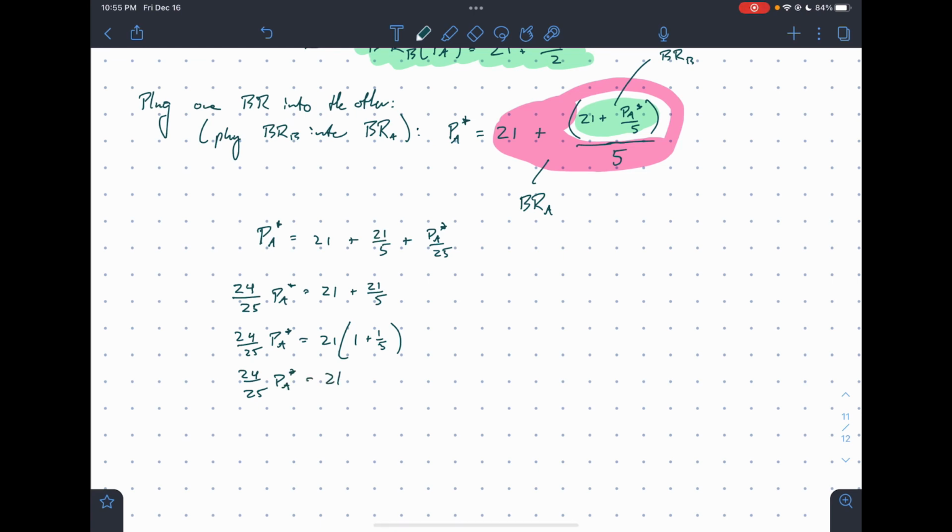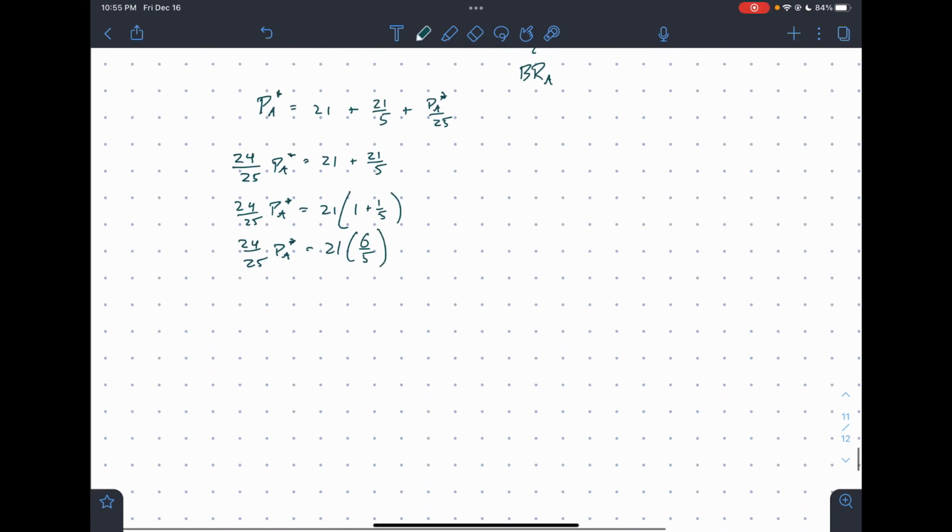So it's 21 times 6/5. Now I'm ready to multiply by the reciprocal. I'm just going to multiply by 25 over 24 to get rid of this fraction and move it over to the other side. So I get PA star is 21 times 6 over 5 times 25 over 24. And I did it this way so that we can get some nice cancellation.